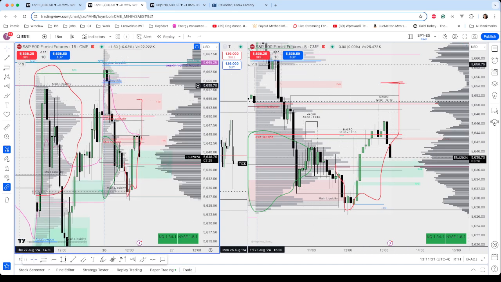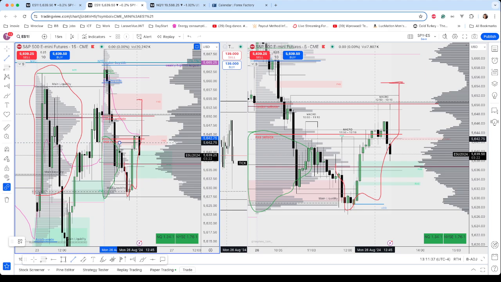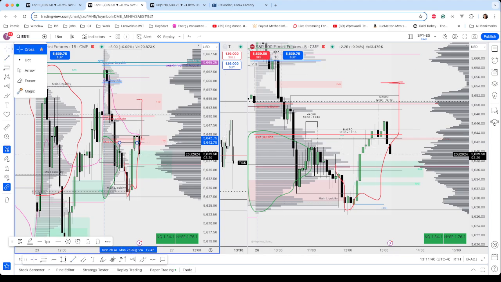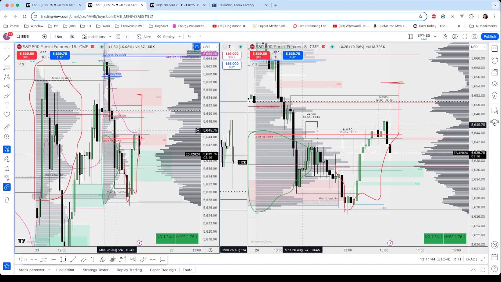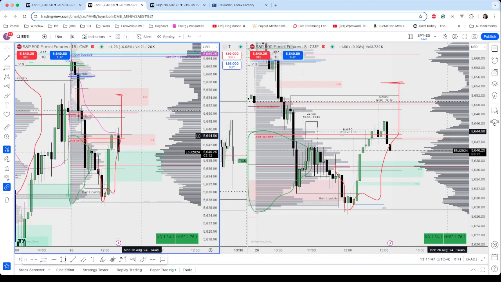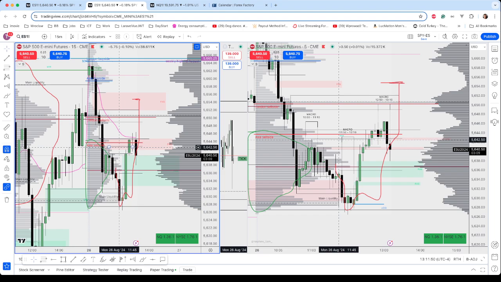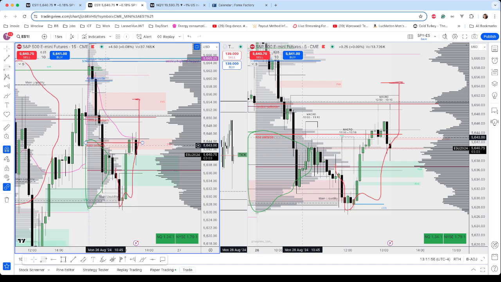Here was the main, here's the 15-minute candle, but it's not as important. I look at the 15-minute candles and things like this at the open, but the more we trade during the day, the more important becomes the volume on volume profile. And you can see what we did.